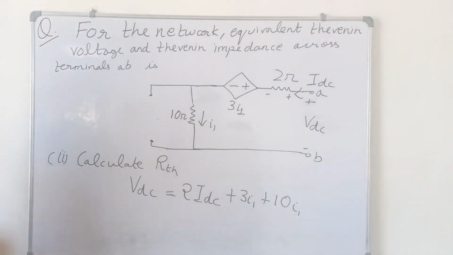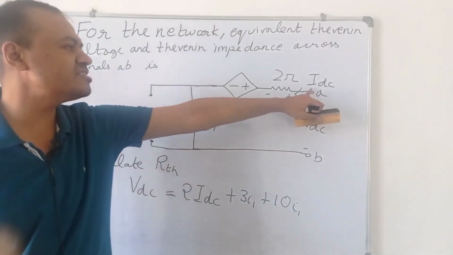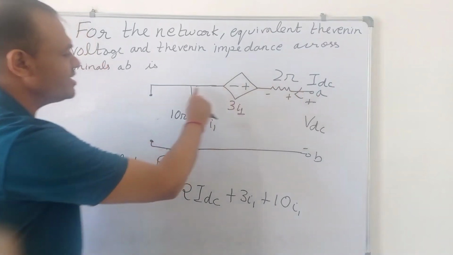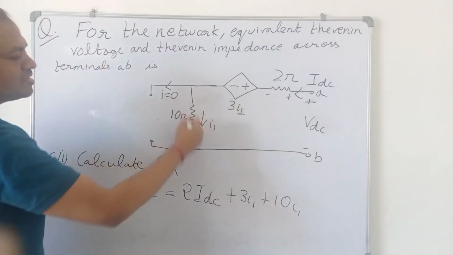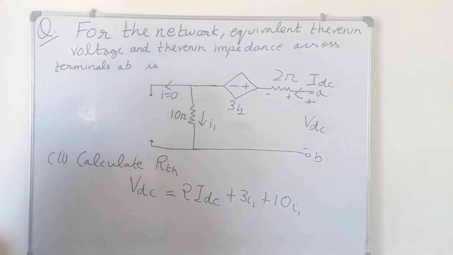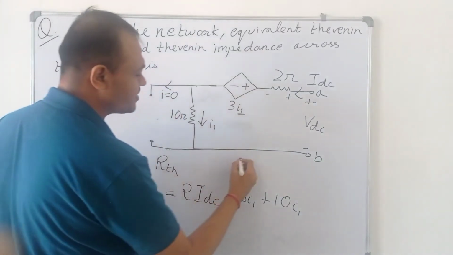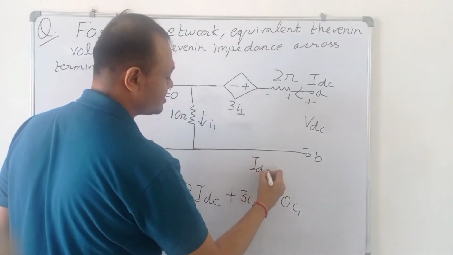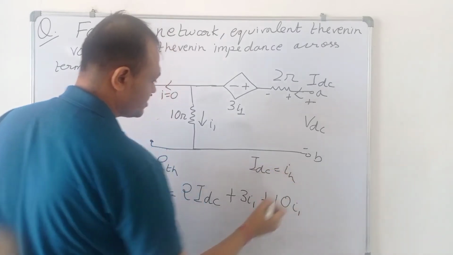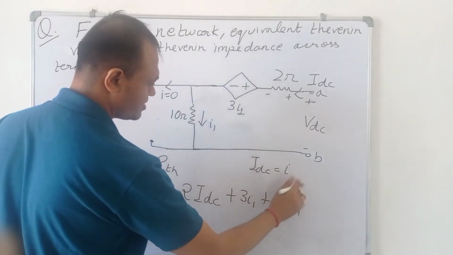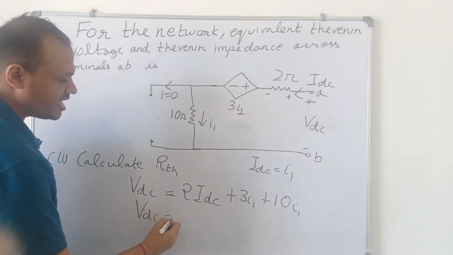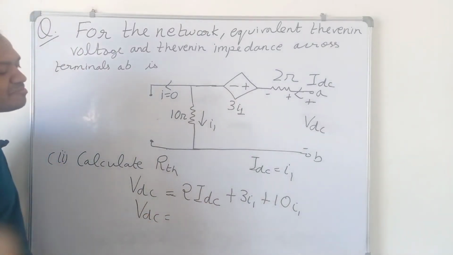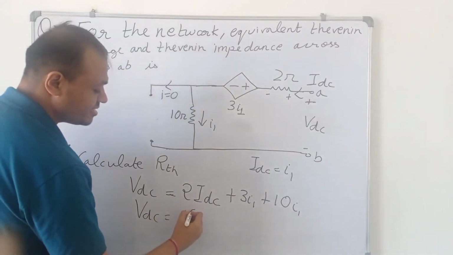And I1 is equal to IDC because this IDC current is flowing here, so this current will be 0. This IDC current will be flowing through this branch, so IDC is equal to I1. So VDC equal to 2 IDC plus 13 I1, so 15 IDC.